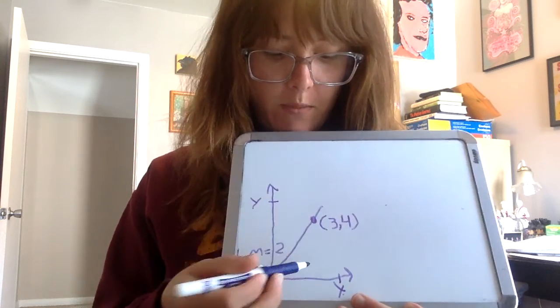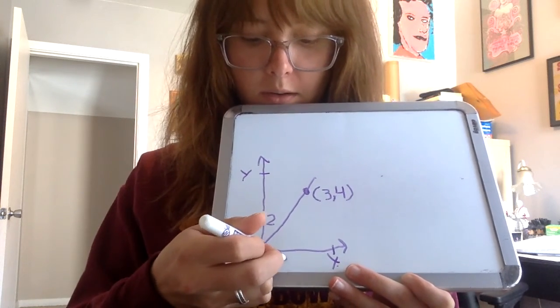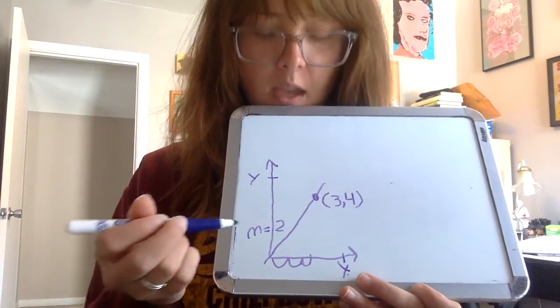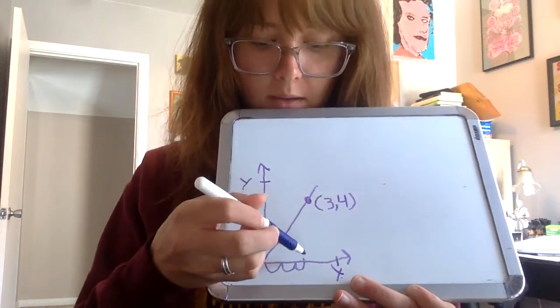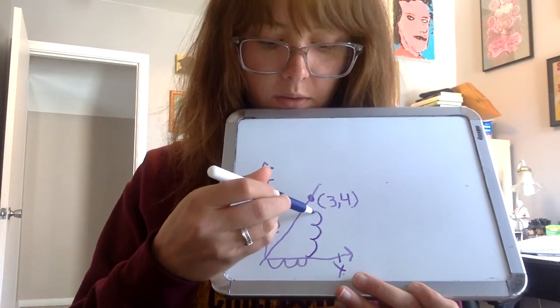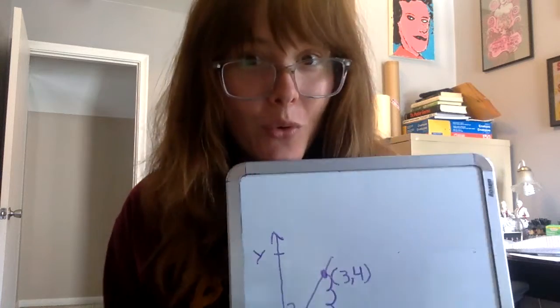So that means the x value is 3, so I go over 3. 1, 2, 3. And then I go up 4 because this 4 represents the y. 1, 2, 3, 4. That also looks like a slope triangle.